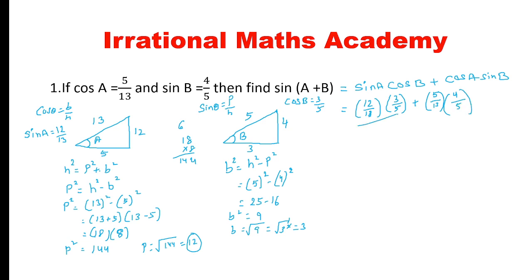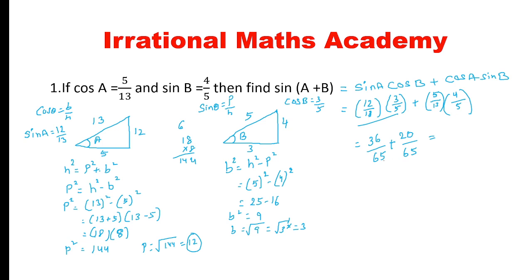Now if you see this part, 12 into 3, 36, upon 13 into 5, 65, plus 5 fours are 20 upon 13 into 5, 65.